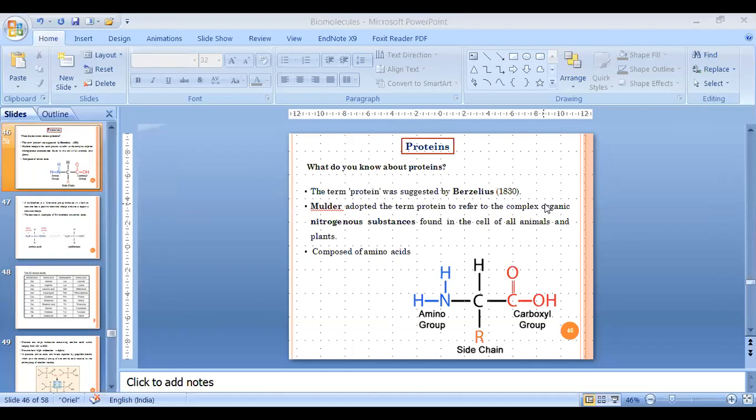Till now, in carbohydrates and lipids, which elements were these compounds mainly made up of? Carbon, oxygen, and hydrogen. Exactly. So they are mainly made up of CHO. However, proteins also contain N, that is nitrogen. And a few proteins also show the presence of sulfur in addition to CHON.